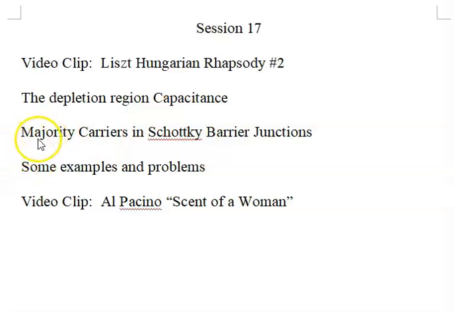And then we'll look at majority carriers in Schottky barrier junctions, and we'll realize that Schottky barrier junctions are majority carrier devices, which means that drift current is applicable and we don't have to worry about the minority carrier diffusion equation, which we will have to worry about quite a bit in PN junctions. Or not worry about, we'll deal with. And then we'll spend the bulk of our time doing some examples and problems.